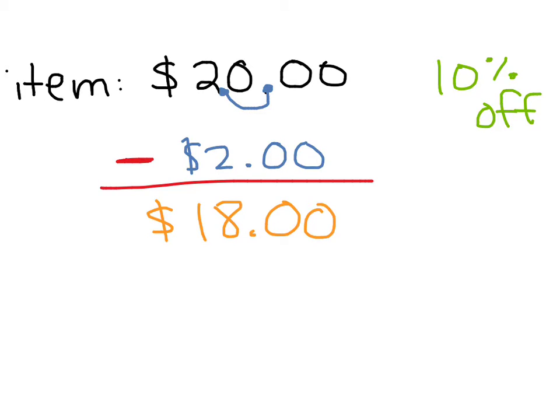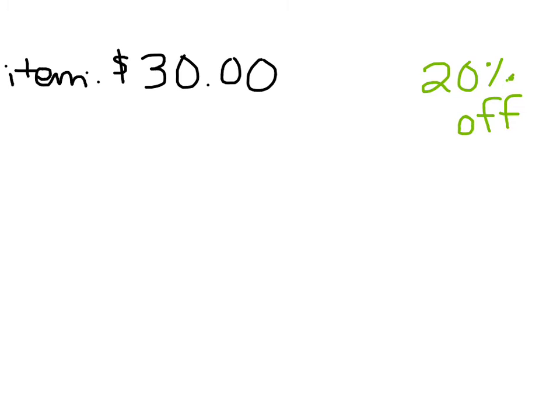Obviously when you pay, you do figure in sales tax and all that other kind of thing. But just for purposes of seeing a sale rack that says 10% off or 20% off, like in this problem, we'll show you some tricks. Same thing, it's 20% now. Let's work off of tens because we're very comfortable with that.